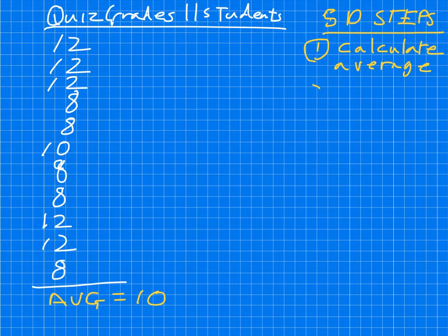We already did that. Step 2: subtract each number from the average. So let's take a look at doing that.